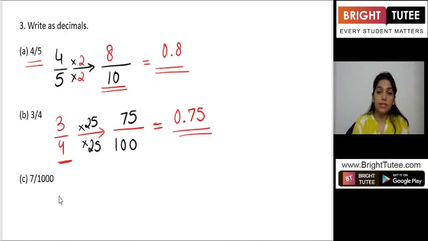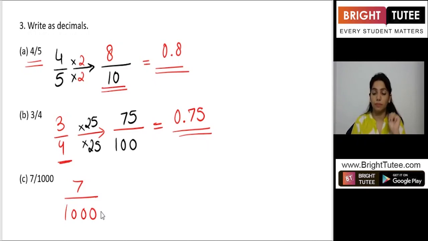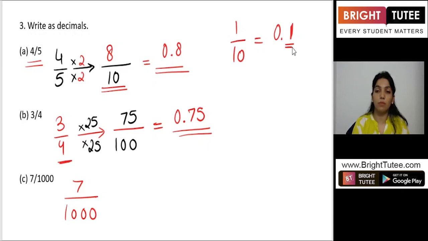Now the next one is 7 over 1000. So because it is 7 over 1000, how many numbers do you think will be there after the decimal point? 3. When we have 10 as the denominator, we see one single digit sitting after the decimal point. If we are dividing a number by 100, we see 2 digits sitting after the decimal point.